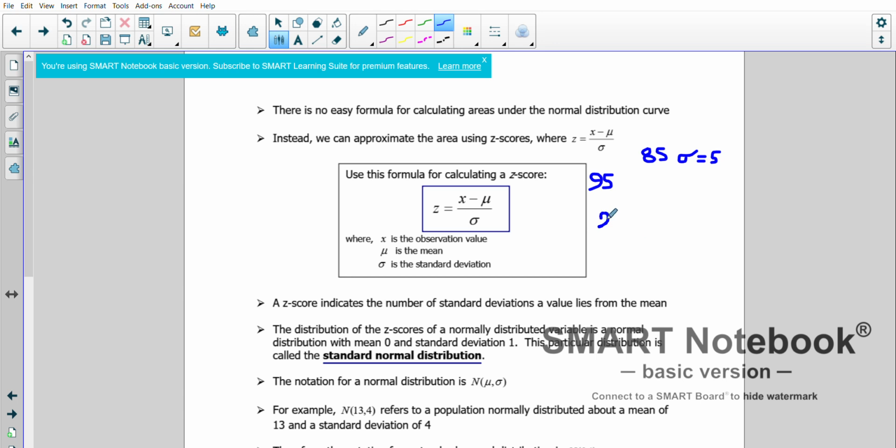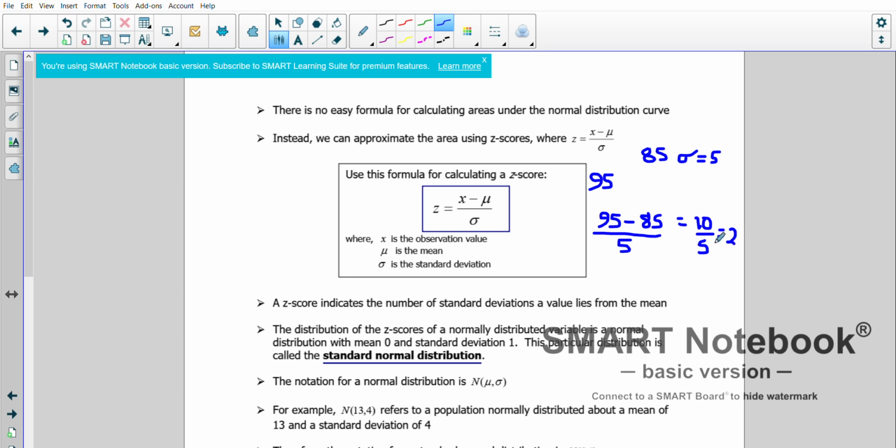Well, I took my original score, which is my x, that's my observation value. I'm going to subtract the average, so let's find out how far away I am from the mean. So in this case, I'm going to be 10. Well, 10 shots, how many standard deviations is that? Well, if each standard deviation is 5, then 10 shots would be 2.